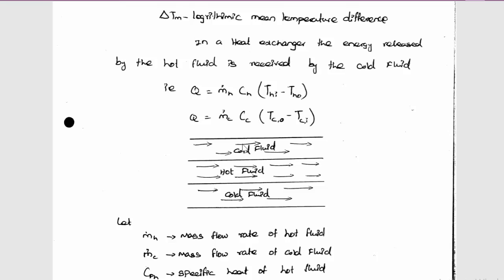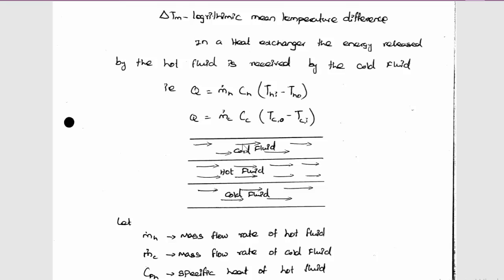Okay, in a heat exchanger the energy released by the hot fluid is received by the cold fluid. If the energy released by the hot fluid is 100 watts, the cold fluid will receive that 100 watts and its temperature will rise. So the heat released by the hot fluid is equal to the heat received by the cold fluid.